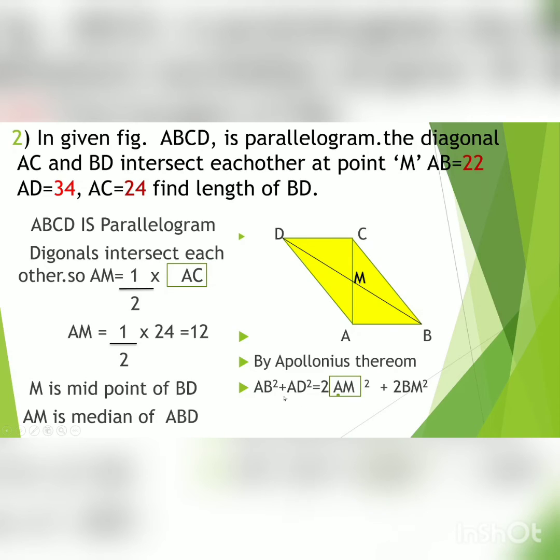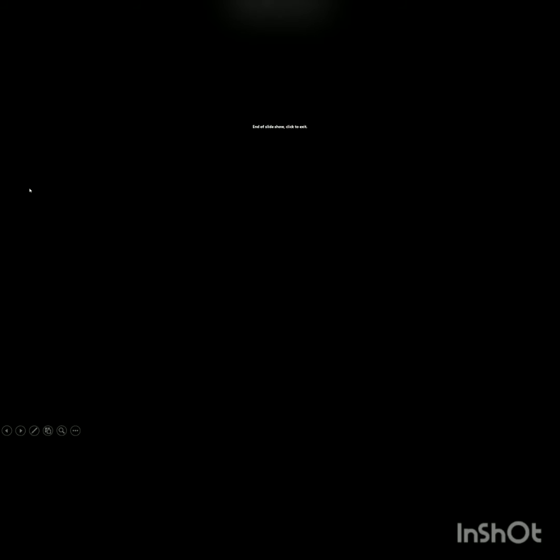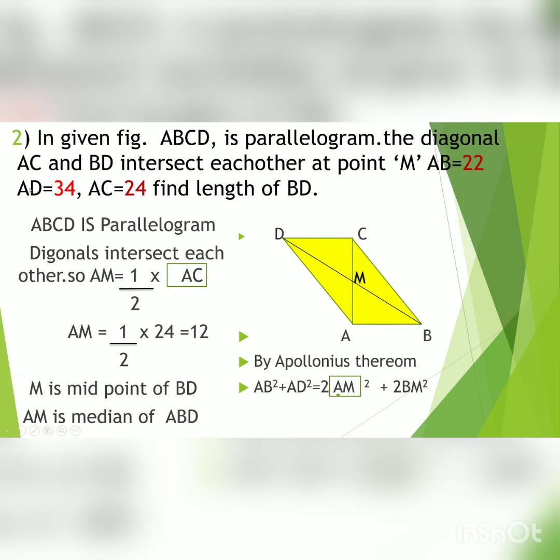Putting the value of AB, AD, and we just found the value of AM, which is 12. Putting the value of AM in next step, you get value of AB is 22, value of AD is 34, and value of AM is 12.